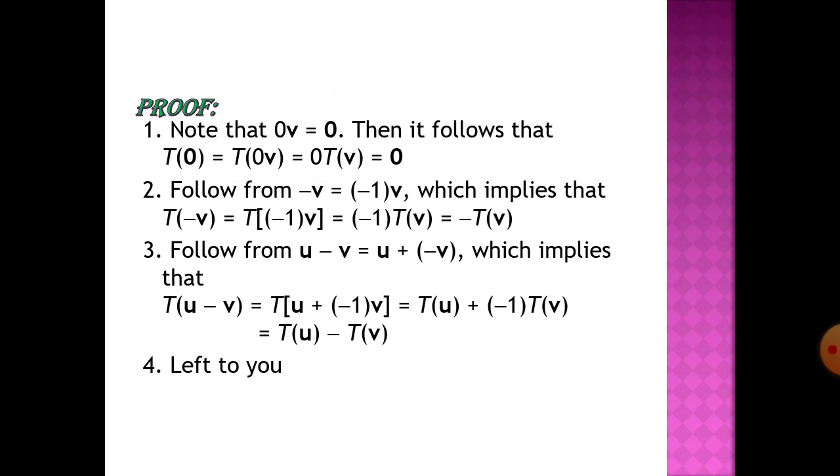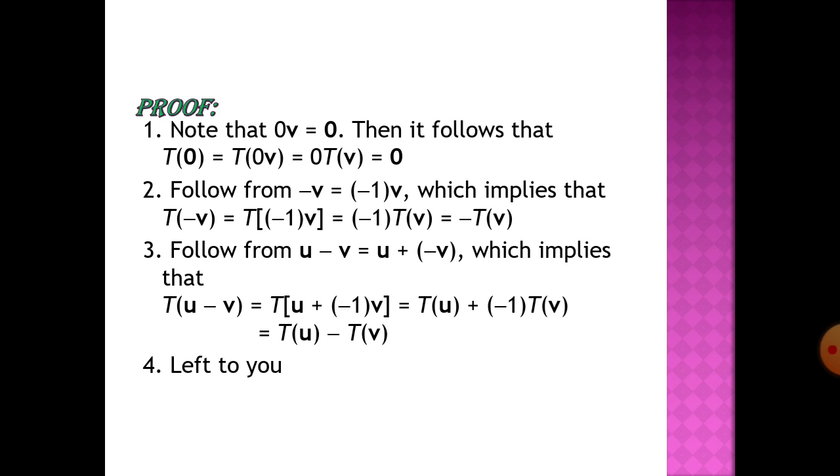This is the proof of the first property. Next, for the second property, we follow from minus v is equal to minus 1 times v, which implies that T of minus v is equal to T of minus 1 times v, which, applying the definition and taking the scalar outside, is minus 1 times T of v, which is equal to minus T of v.